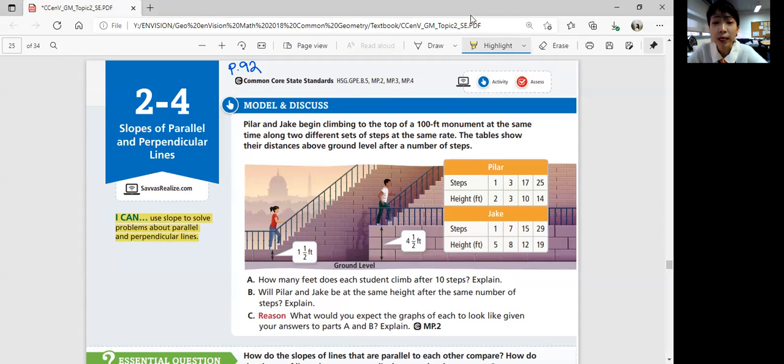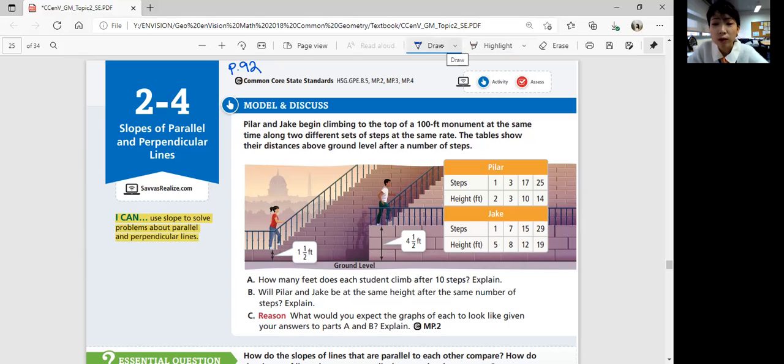Pillar and Jake begin climbing to the top of a 100-feet monument at the same time along two different sets of steps at the same rate. The tables show their distances above ground level after a number of steps.